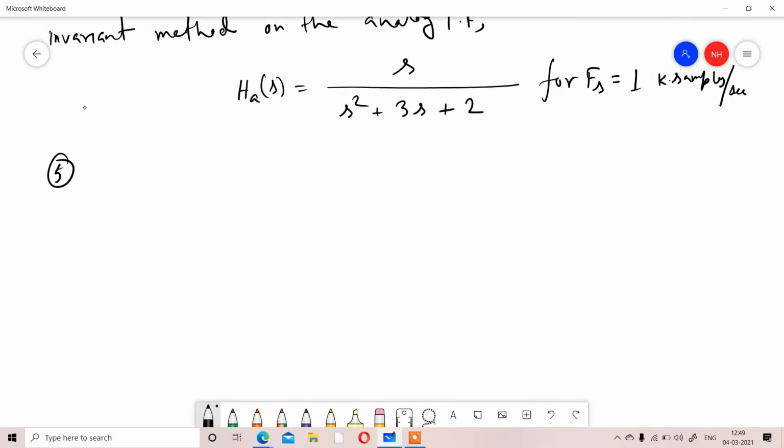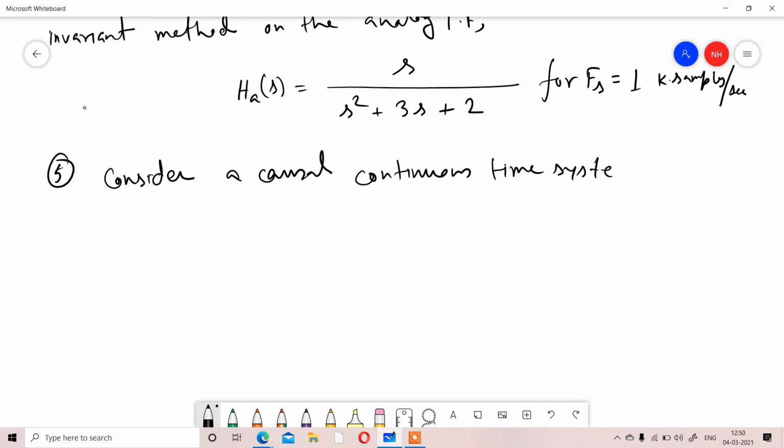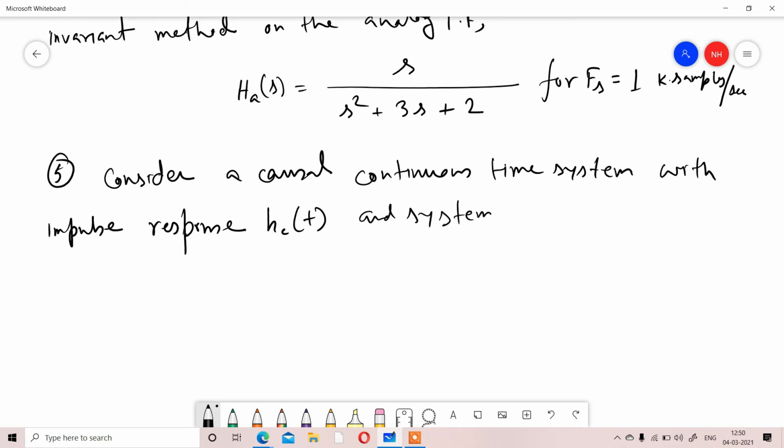Problem 5 is that consider a causal continuous time system with impulse response hc(t), and the system is Hc(s) equal to (s plus a) whole square plus b square.